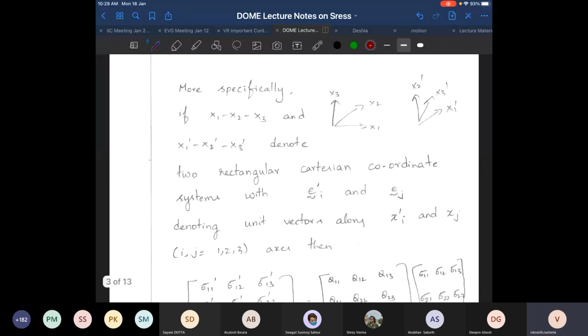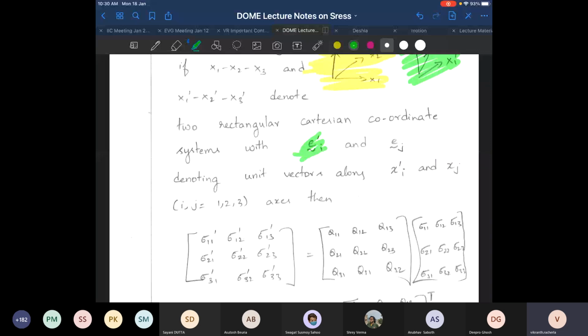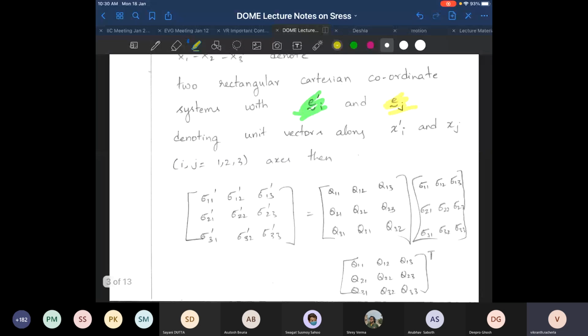If you have two coordinate systems, x1, x2, x3, and x1 dash, x2 dash, x3 dash, and let us say e dash i are unit vectors in the dashed coordinate system and ej are unit vectors in the undashed coordinate system, then you can relate the components of stress in the two coordinate systems through such a transformation relation.